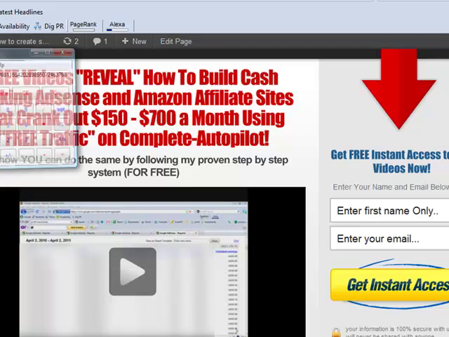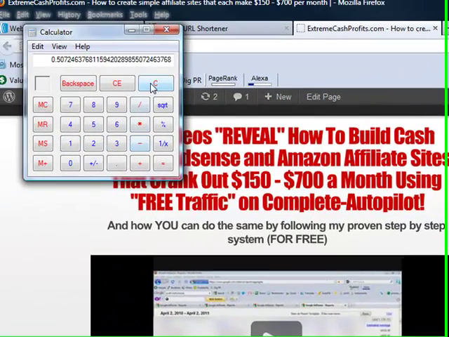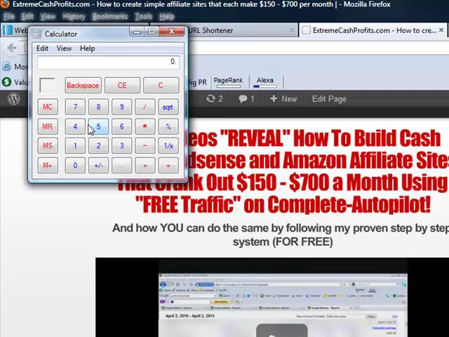So I'll get the calculator up. So what we need to do is think about how much we paid for the ad. Now for that particular ad that I just showed you, I paid $35. So what you need to do is put in the amount that you spent on the ad, and then you have to divide that by how many opt-ins you received.